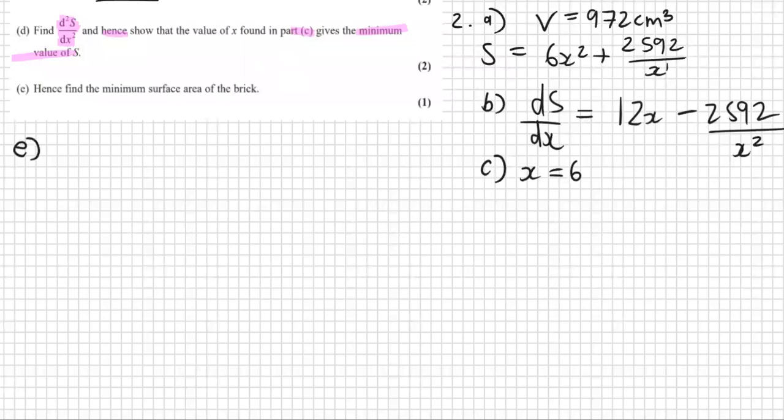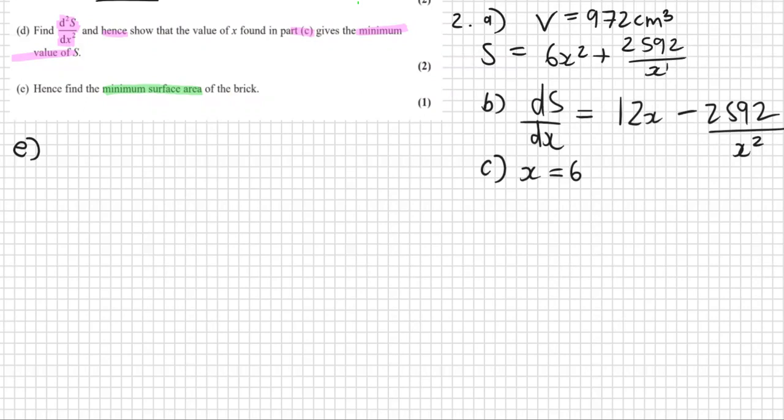Question 2E. Finally, they get to the last part of these sorts of questions, which is always to find the minimum surface area that the brick can possibly have.